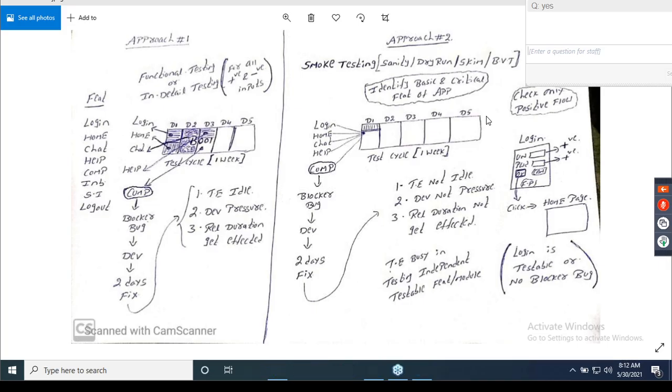Smoke testing is done to find the blocker bug at a very early stage of the testing, if it exists.